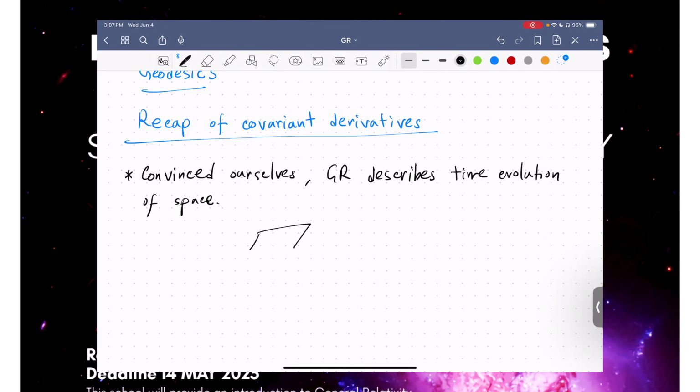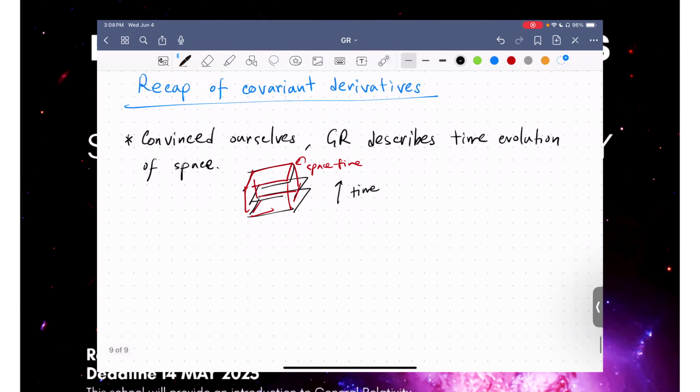So basically, you have space, it evolves with respect to time, and putting all of this together, you find a 3 plus 1 dimensional object, which is the space-time, this red thing.